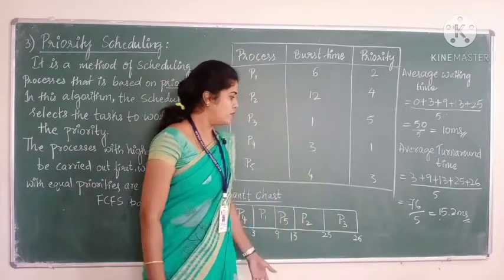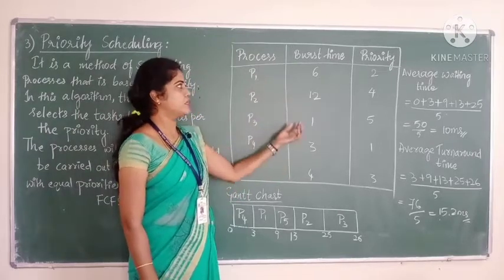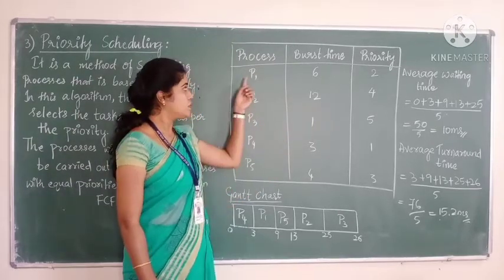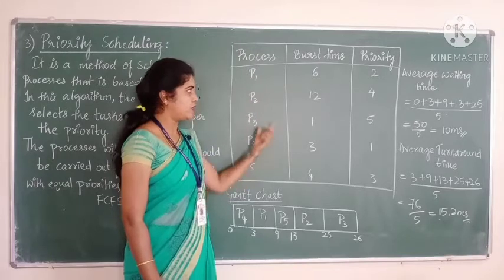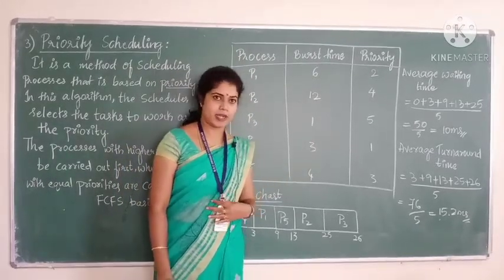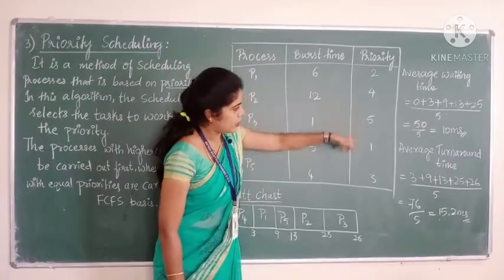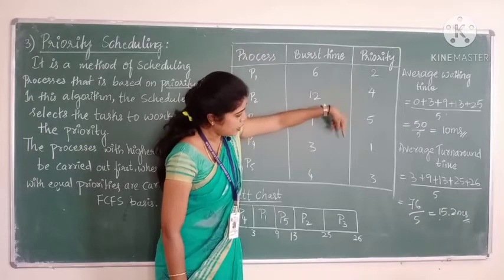Okay, so now with an example: you have a table with process, burst time and priority. P1, P2, P3, P4, P5 have their respective burst times, and you also have another column called priority. The priorities given are 1, 2, 3, 4, 5.